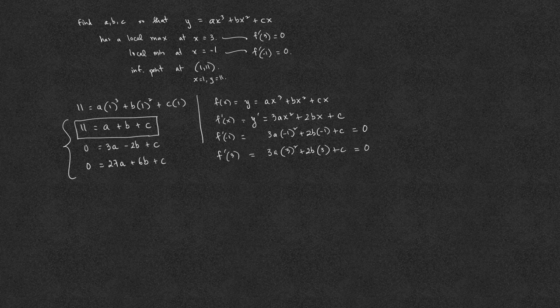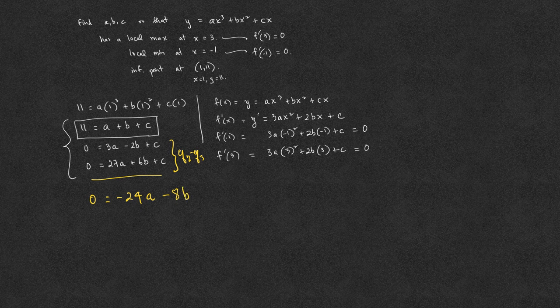Using the last two equations, taking the second equation minus the third equation, we have 0 equals 3a minus 27a, which is minus 24a, combining like terms. Minus 2b minus 6b is minus 8b. c minus c is 0.